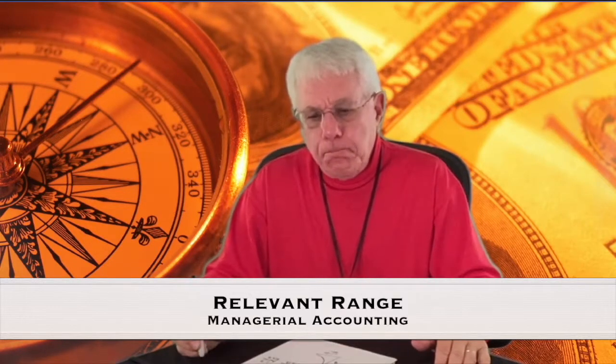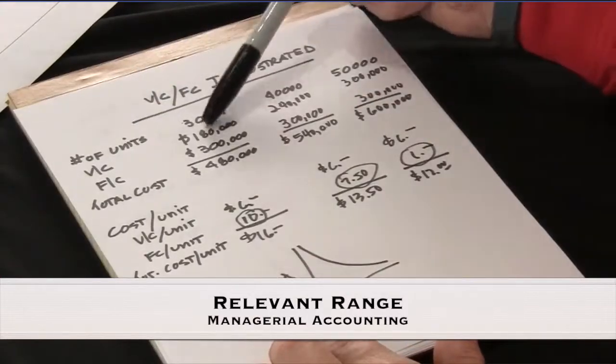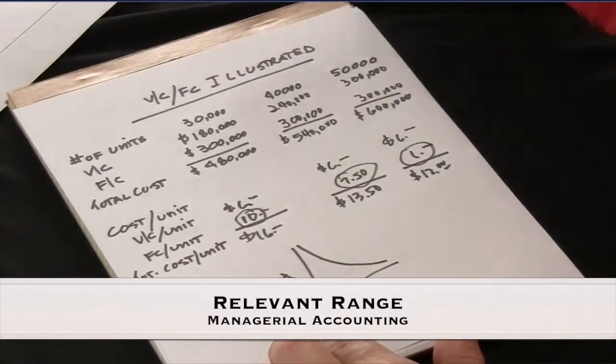One more item, and I think we can close the book, if you will, on cost behavior relative to variable cost and fixed cost. And that is the concept of relevant range. Relevant range refers to the following. The range of activity, that is, for example, in the previous example, I used 30,000, 40,000, and 50,000 units.